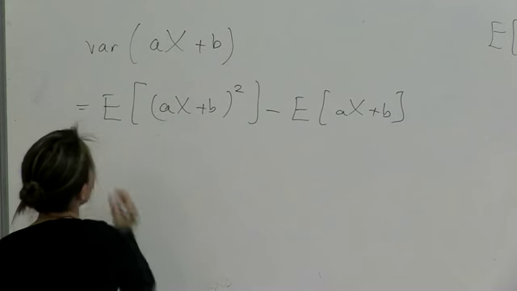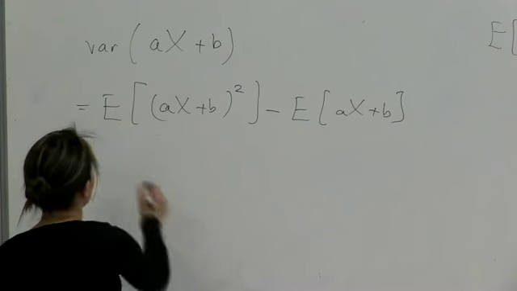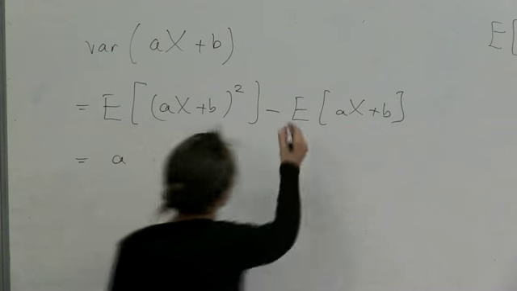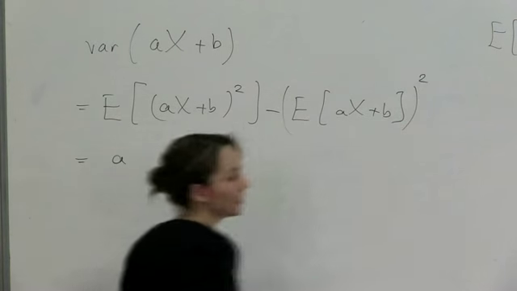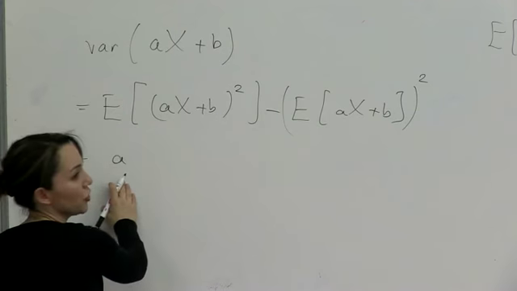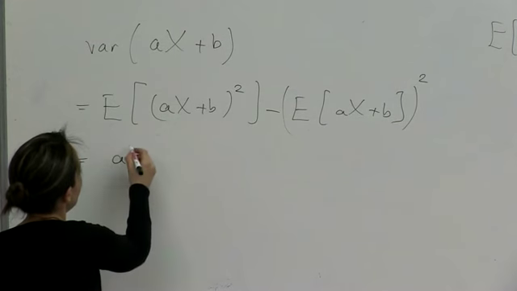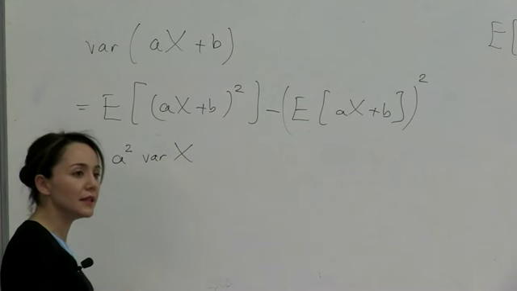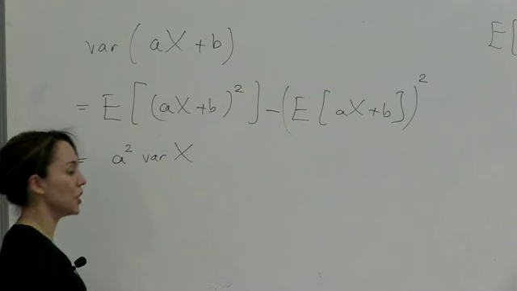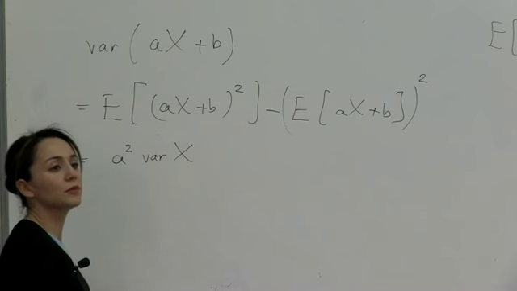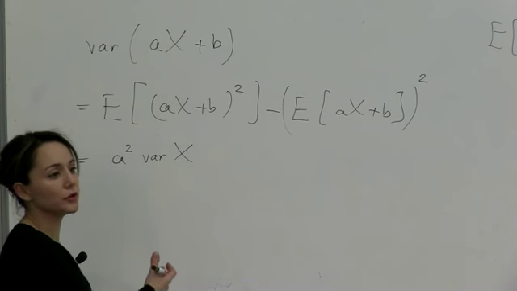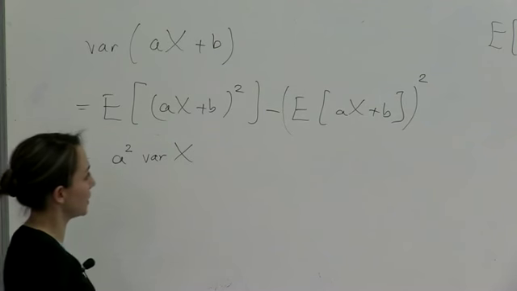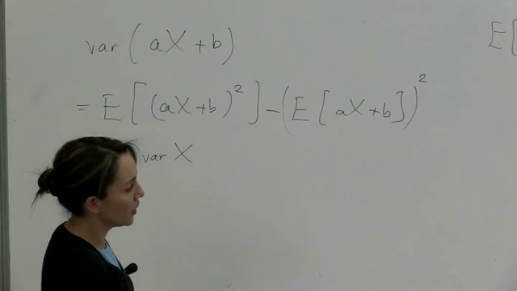You can easily show that this evaluates to be a squared times the variance of X. We really did this for the discrete case. This is just a reminder that it follows in the continuous case as well. But show this as an exercise, please.